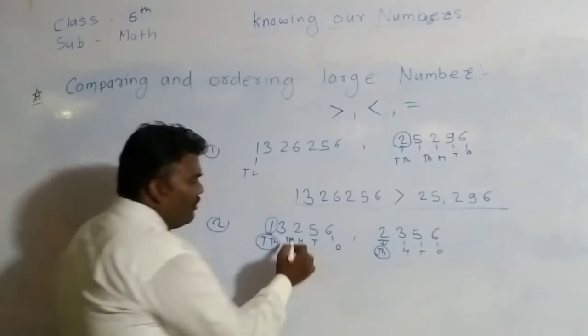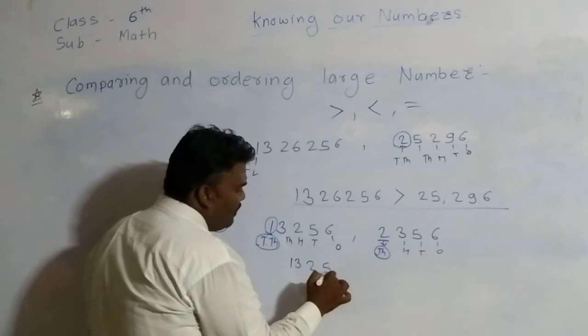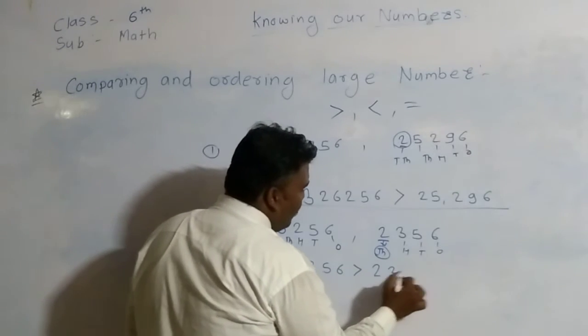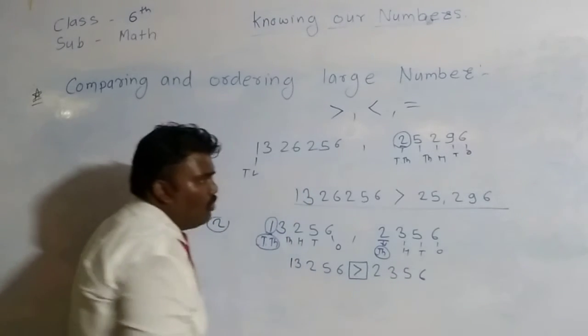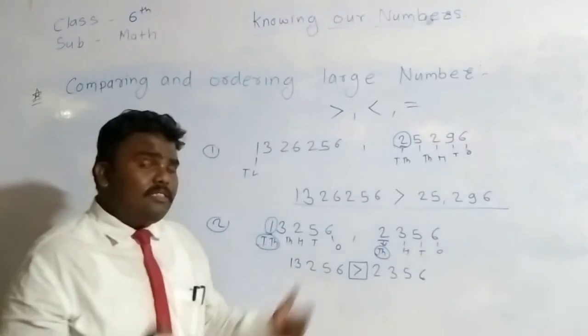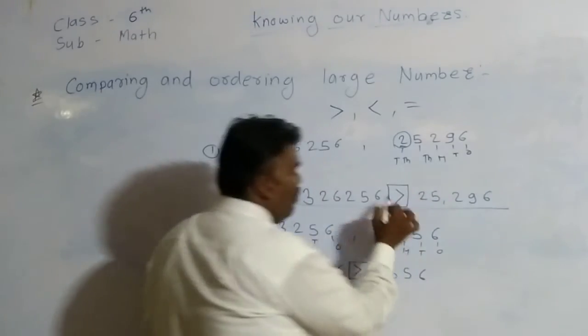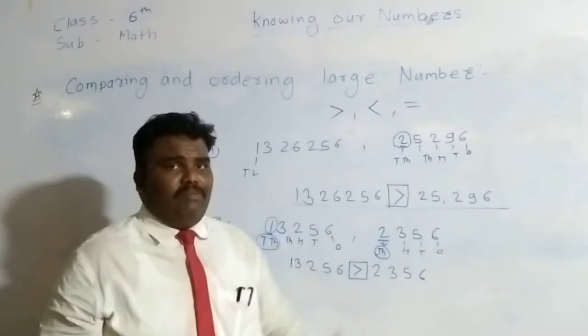So definitely we can say that 13,256 is greater than 2,356. So this is how I use this symbol to compare these two numbers, and here we have used this symbol to show that this number is greater than this number.